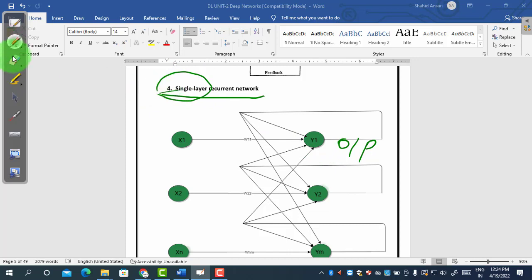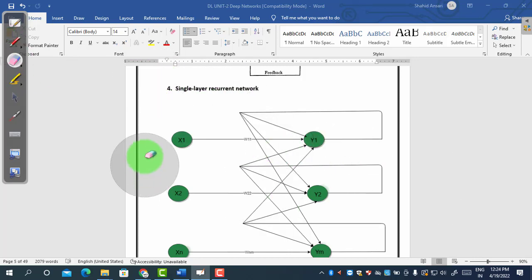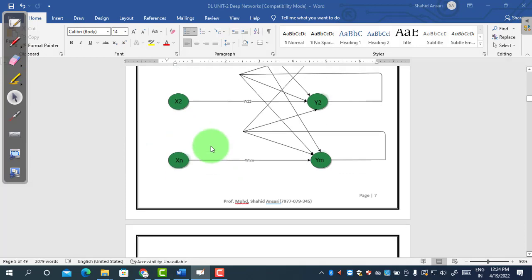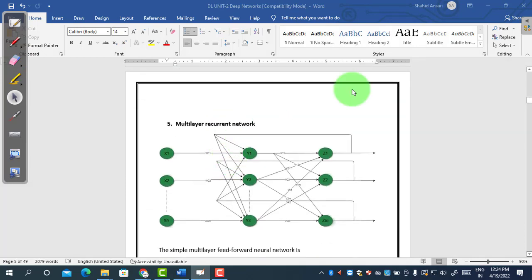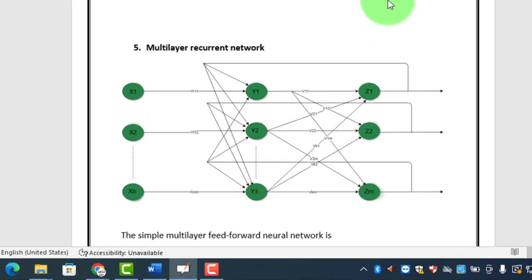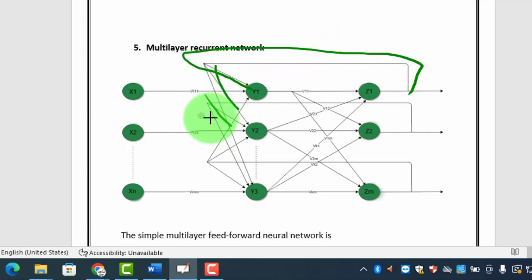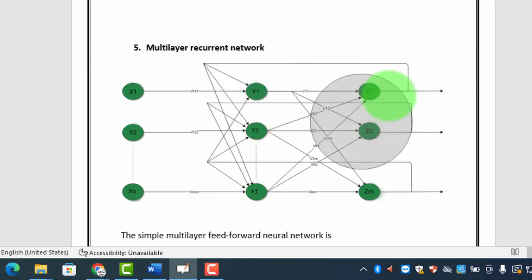But in case of multi-layer recurrent network, as we can see here, the output is given back to the hidden nodes. यहाँ पे जो output आ रहा है, is given back to the hidden nodes. Whatever output we are getting is given back to the hidden nodes. Again, in this we form a loop. इसमें भी एक loop बनेगा.